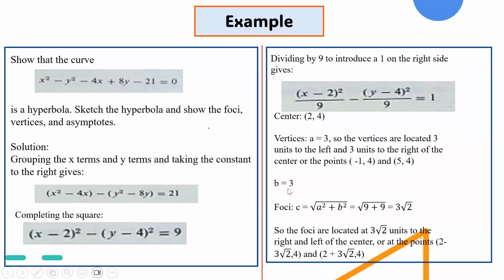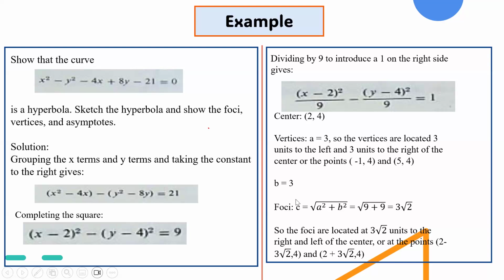How do we have (-1, 4) and (5, 4)? The coordinates of the vertices in the formula are (h plus or minus a, k). So when we plug in that, we end up with (-1, 4) and (5, 4).